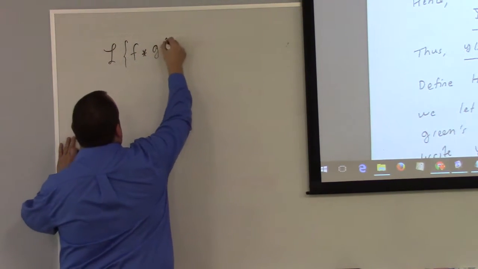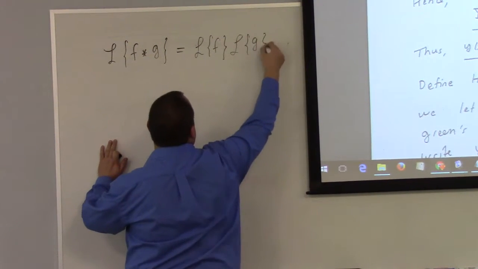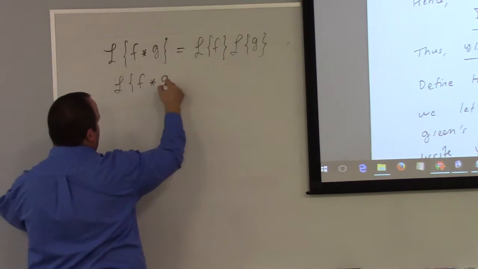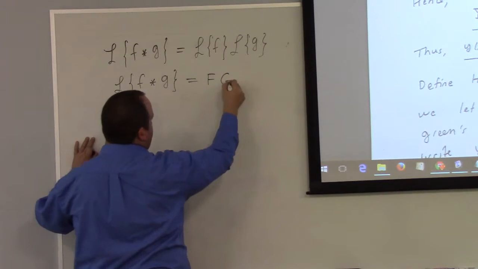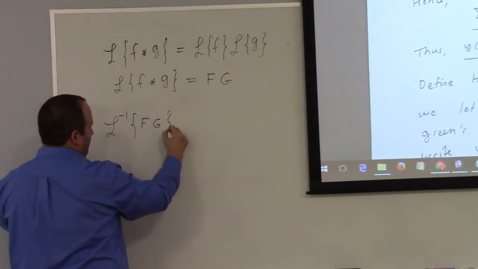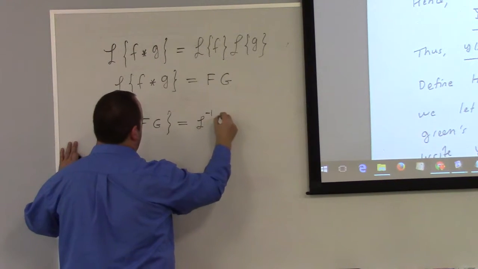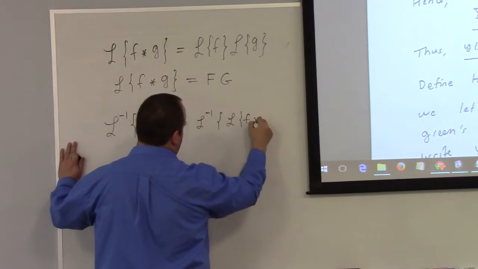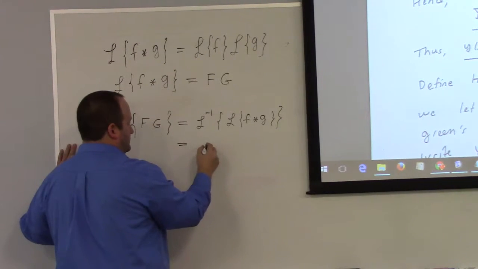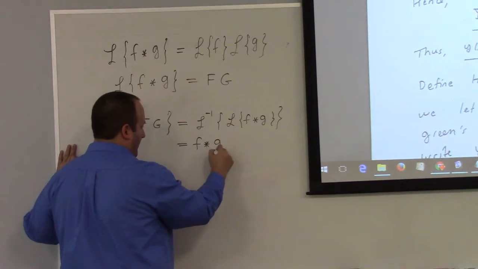The Laplace transform of the convolution of f and g is equal to the product of the Laplace transform of f times the Laplace transform of g, big F times big G. Conversely, the inverse Laplace transform of the product of two functions of s, F and G, is the inverse Laplace transform of the Laplace transform of the convolution. But by definition of inverse Laplace transform, that's just the convolution again.